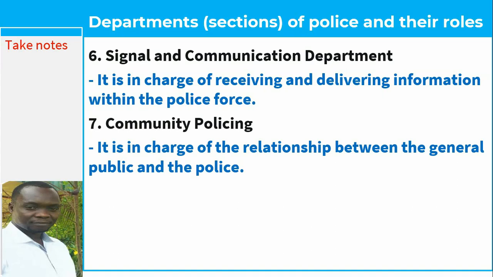In this case, especially in Uganda, we have got that poor relationship. We shall look at it when we are looking at the problems facing the Uganda Police Force. We shall look at that problem of poor relationship between the public and the police.